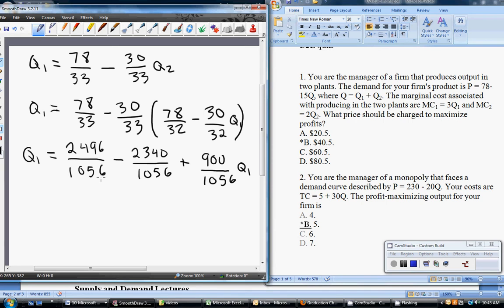It'd probably be easier if you worked with decimals here instead of these fractions, but that's what I did here anyhow. Okay, this next step here will simplify down to the following result.